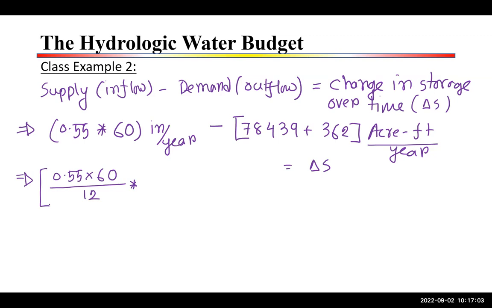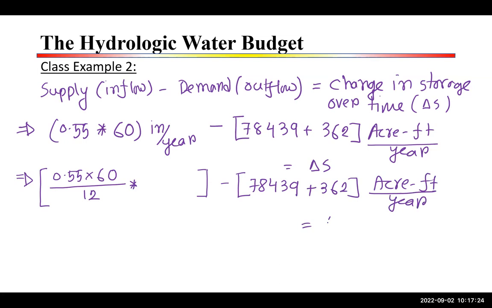So what will we do? Do we know any area on which this rainfall is coming? 32,000 acre. That is the watershed area. Now we have acre feet per year.